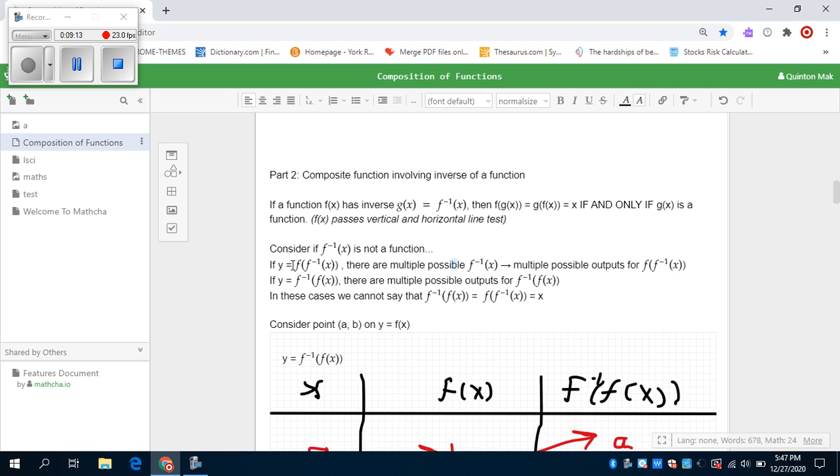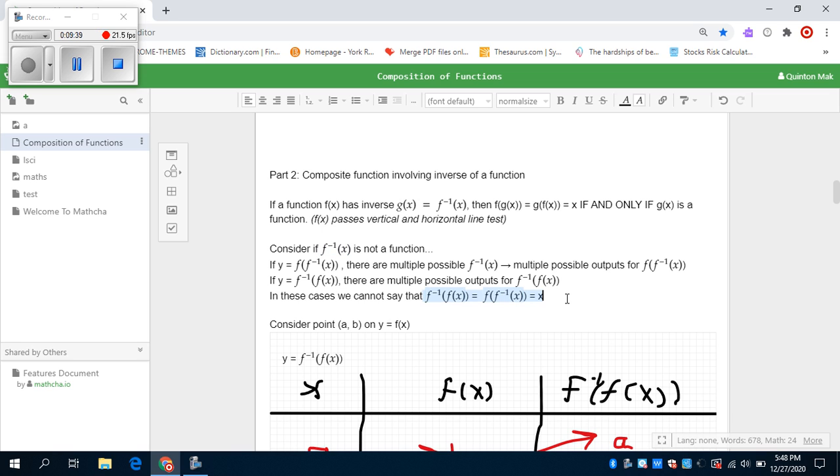If there are multiple inputs, then there have to be multiple outputs. And if the inverse is the outer function, then you have one input, but again you have multiple outputs because it's not a function. Remember, the definition of a function is that there's one y for every x value.